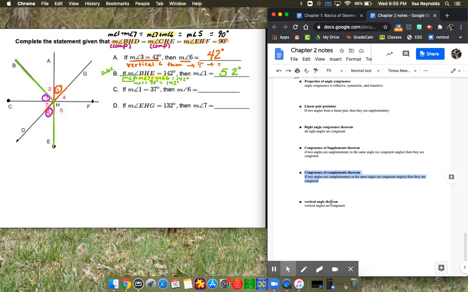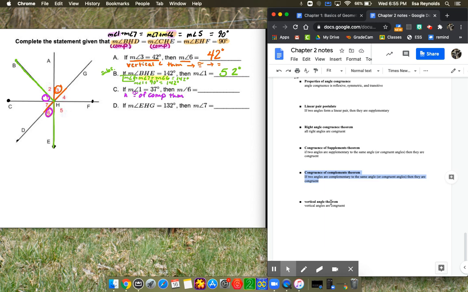If two angles are complementary to the same angle, so when I look at this particular problem, my angle 1 and my angle 6 are both complementary to angle 7. So I can actually apply my congruence of complements theorem.